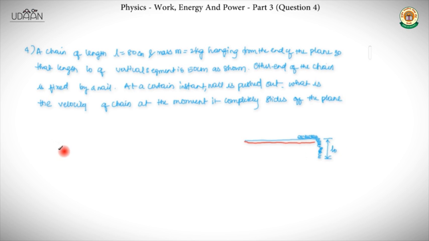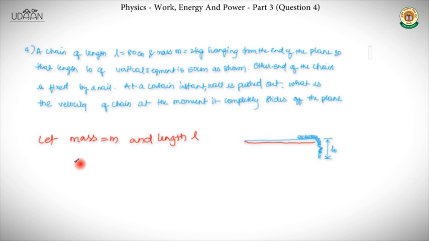Here it is given a linear density chain, so we'll have the mass of the chain that is hanging, of length L naught. Let us first assume the total mass of the chain is m and the length is l.